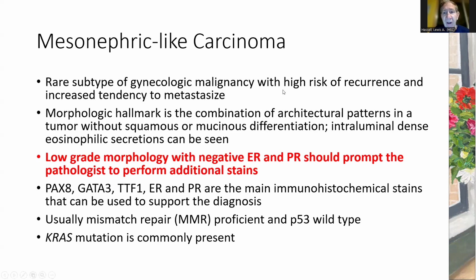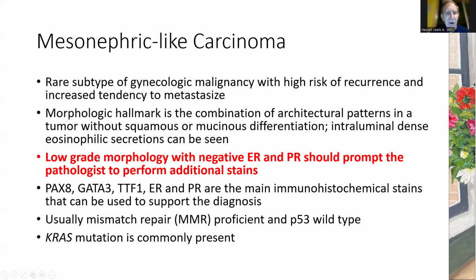It's important to recognize because it does have a higher risk of recurrence and an increased tendency to metastasize. The morphologic hallmark is this combination of architectural patterns with a tumor without squamous or mucinous differentiation, intermediate-sized glands, and occasional intraluminal dense secretions as can be seen. That's more in the cervical or in the adnexal tumors. We haven't seen that quite the same amount in the uterine Mesonephric-like tumors.